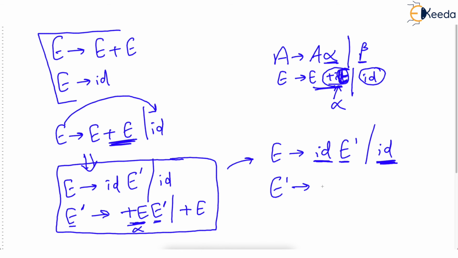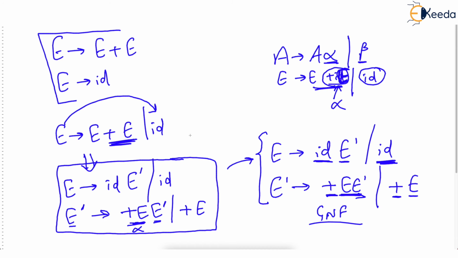Check the other production, E dash derives plus E E dash. This begins with a terminal, plus is a terminal, followed by only non-terminals. Or plus E, it begins with a terminal followed by a non-terminal. All the productions are in GNF. So removing left recursion naturally will result in GNF, Greibach Normal Form.